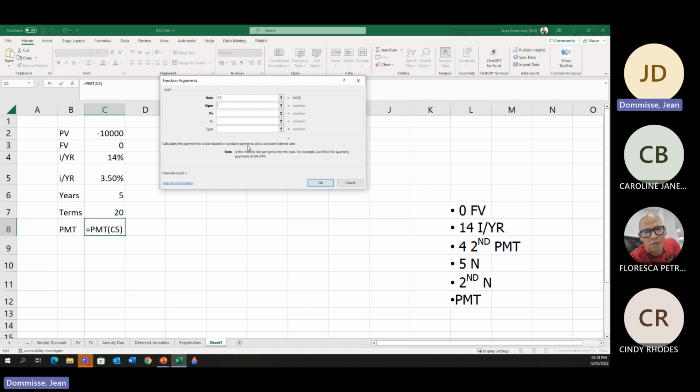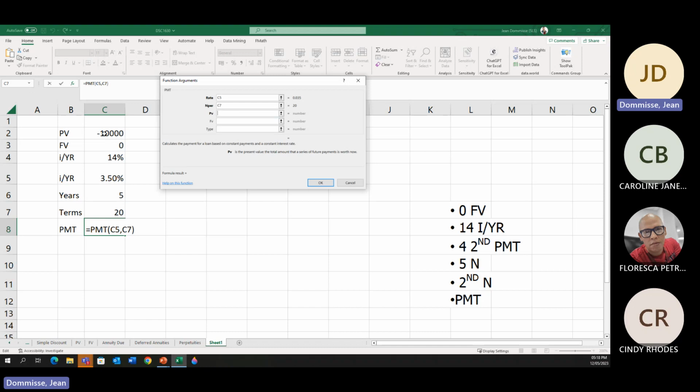The total number of payments is the 20, so it again already takes that into account.